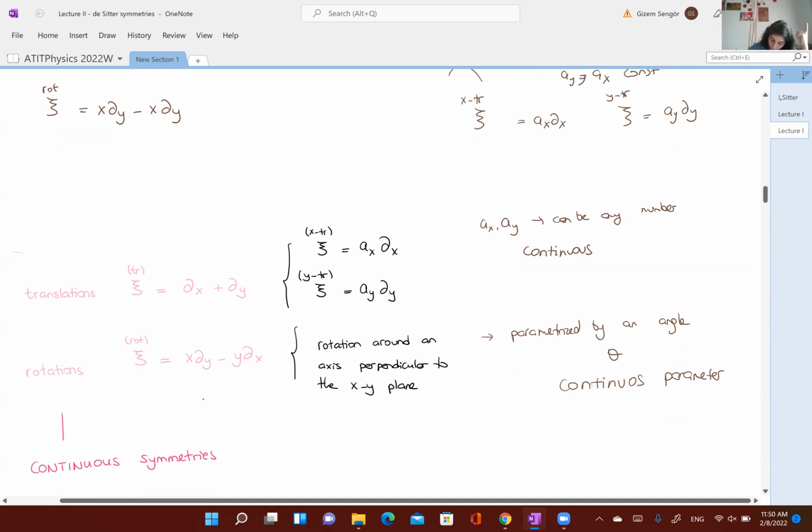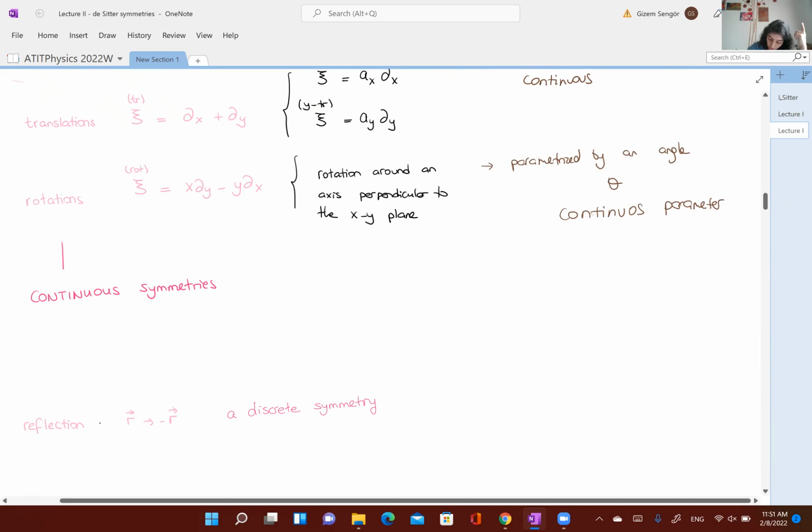There is one more. Yes. We could have also reflected all the directions. So we could have sent x to minus x, y to minus y. This would have just given us an overall minus in the metric.